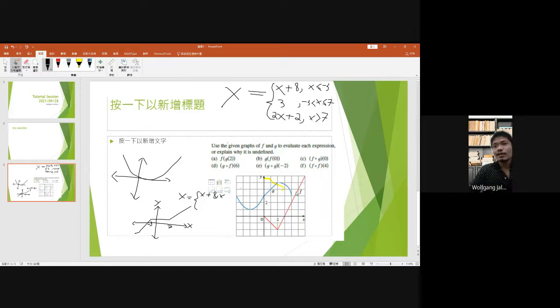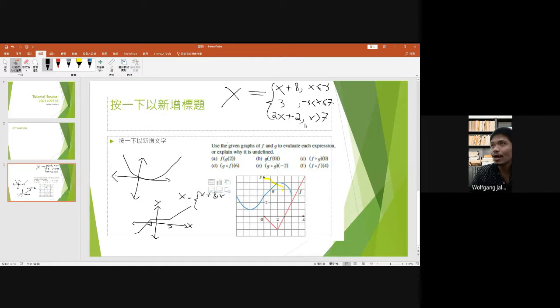So I think that's the main difference between high school and now. As you can see here, that's why we need to learn about domain, because when the domain is smaller than -3, the function is not the same as when it is from -3 to 7.